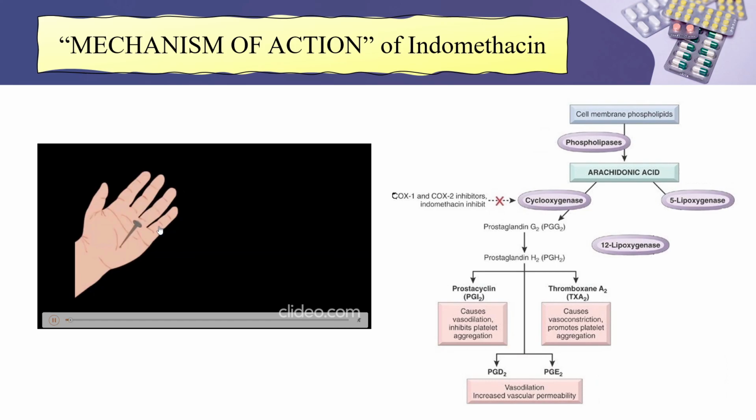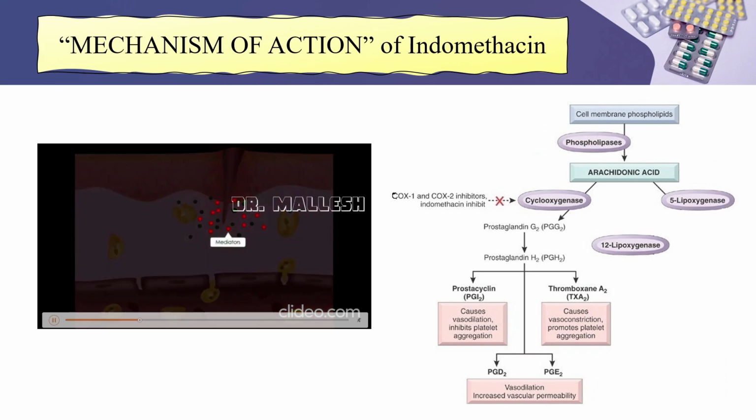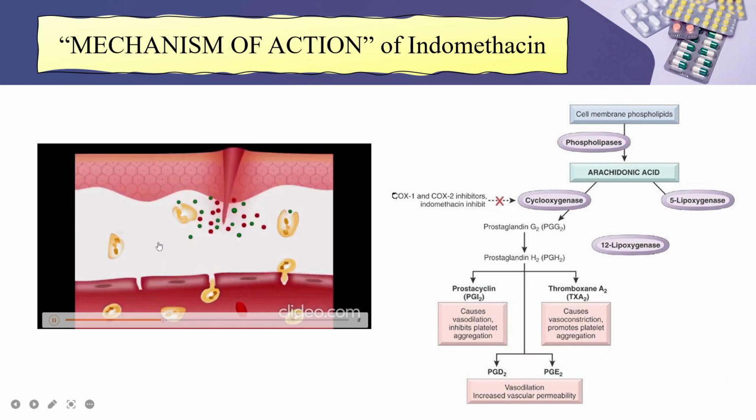Now, here is a video in which you can see that at the site of injury, inflammation occurs. Inside the blood vessels, there are enzymes, mediators, and white blood cells.